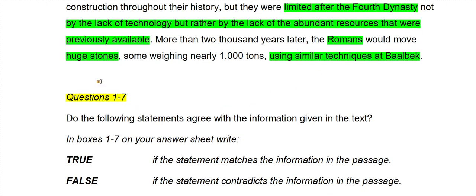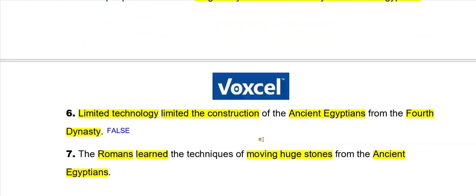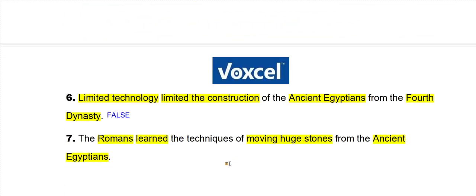So they were moving huge stones using similar techniques, but there is no mention of learning or teaching here. So we cannot say that Romans learned from ancient Egyptians or ancient Egyptians taught Romans. There is no such mention. So the answer to this question is not given.